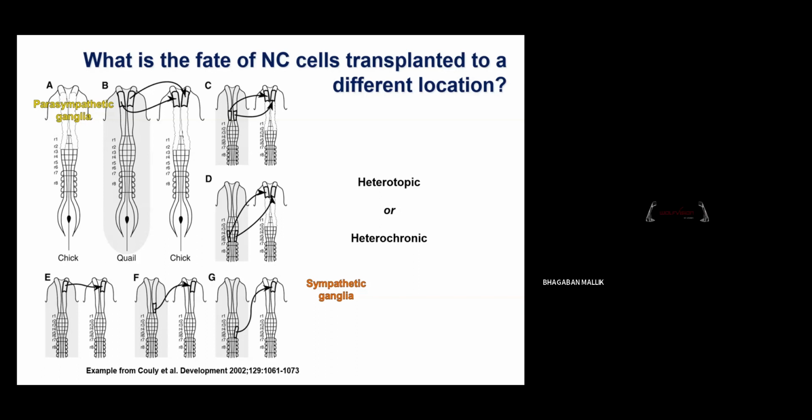But the cell became what the local signal dictated. If you transplant from parasympathetic to sympathetic region, it will become sympathetic because you have the local signal which helps to form the sympathetic neuron. Or if you transplant from sympathetic to parasympathetic, it will become parasympathetic. Okay, so it depends on the local signal.